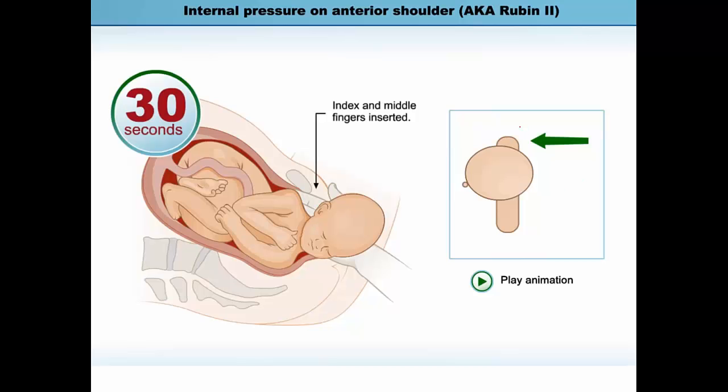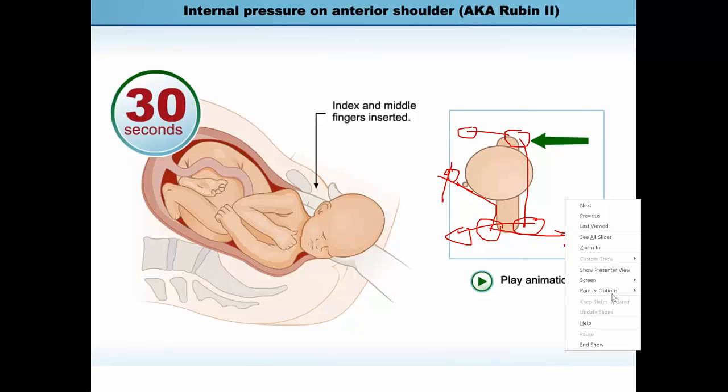You know about the Rubin 2 here, and if failed, you should insert your left hand and pass through the chest to reach the anterior aspect of the posterior arm, rotate against Rubin 2. This is wood screw. If failed, remove your left hand and the right hand here, pass through the back to reach the posterior aspect of the posterior shoulder and rotate the shoulder. This is the reverse wood screw. This is about the internal maneuver.